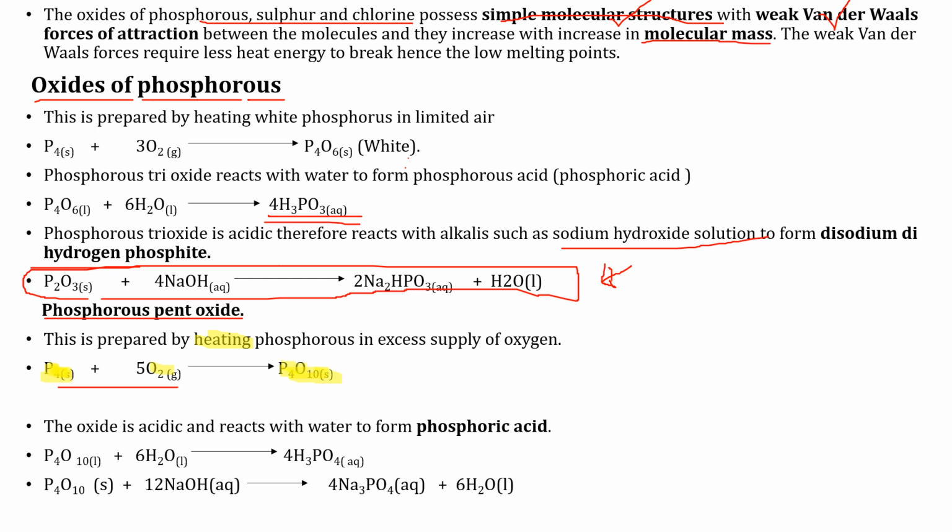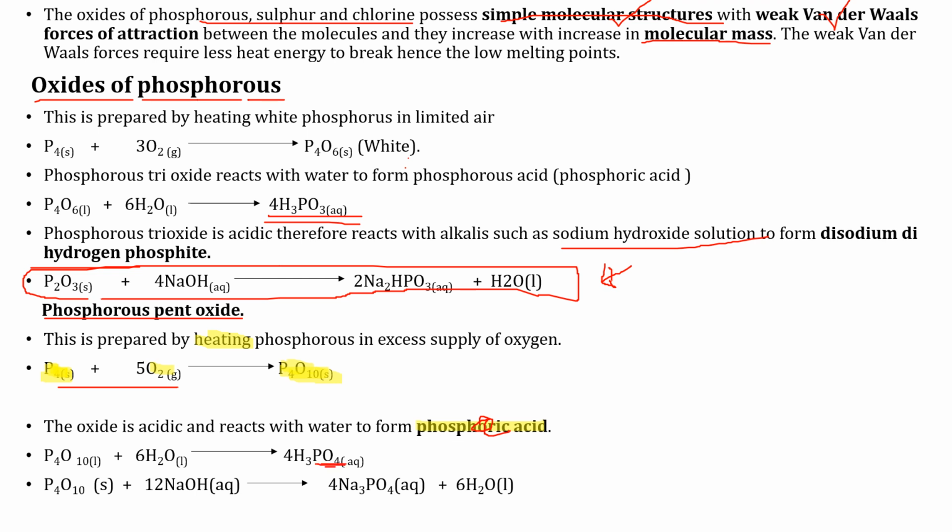This is phosphorus pentoxide. Now we are saying that it is acidic, so it reacts with water to form phosphoric acid. Now this is not phosphorous. This was supposed to be phosphoric, so change this O to E. Phosphoric is the one which has 4 here.